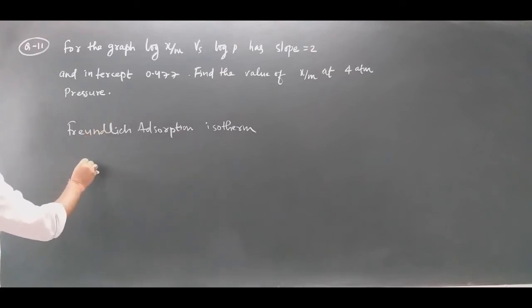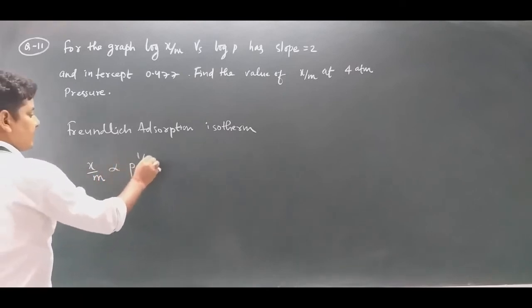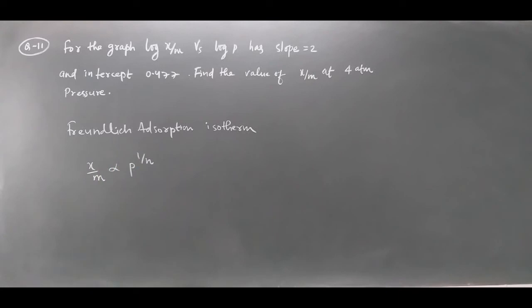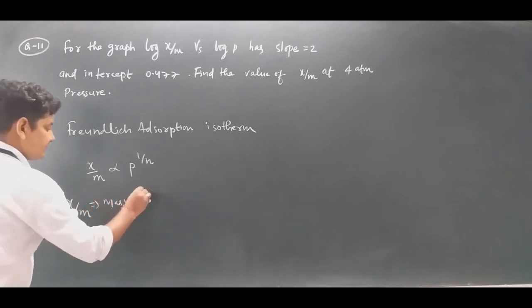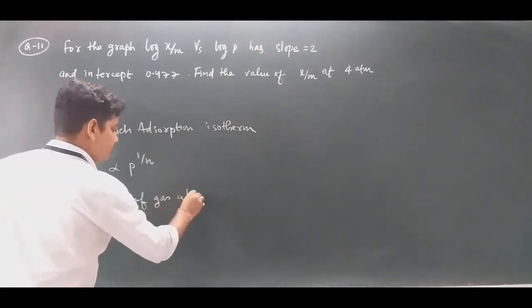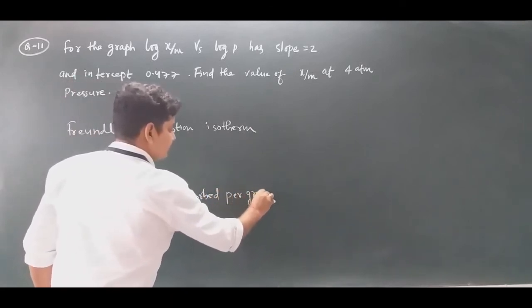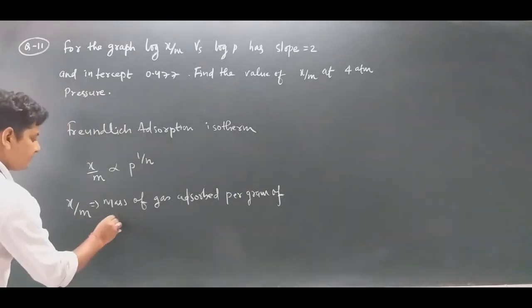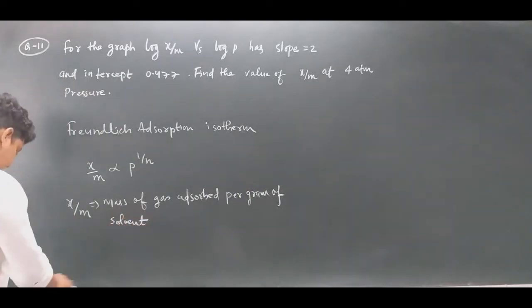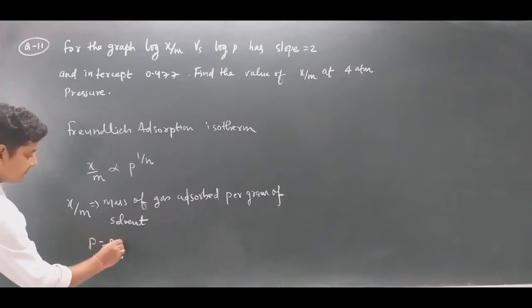According to Freundlich, x by m is directly proportional to p to the power 1 by n, where x by m is the mass of gas adsorbed per gram of solvent, and P is the pressure.